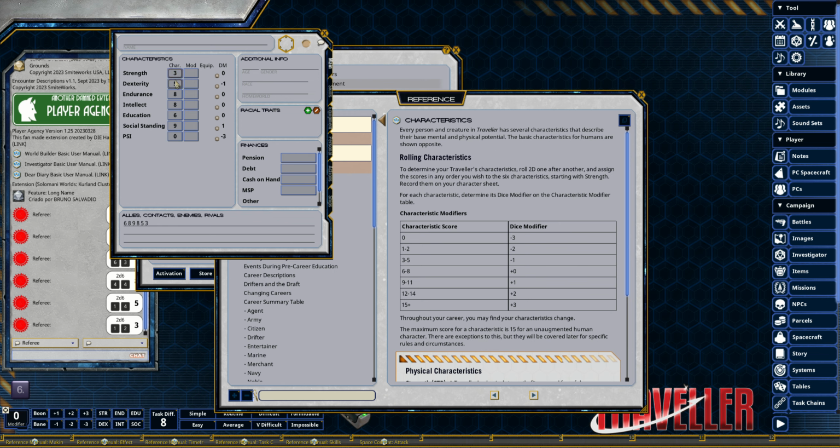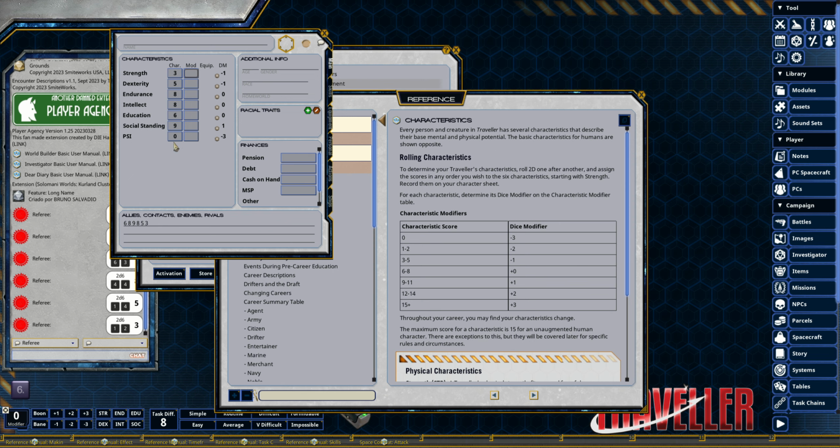And so what you'll see here is we put the stats in, and it gives a dice modifier over here. So a 3 is a 0 dice modifier. That's not correct, is it? No, there we go. 3 is a -1, a 5 is a -1, the 2 8s are zeros, the 6 is a 0, the 9 is a +1.